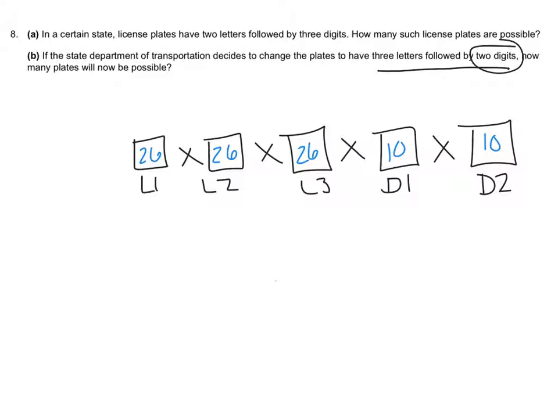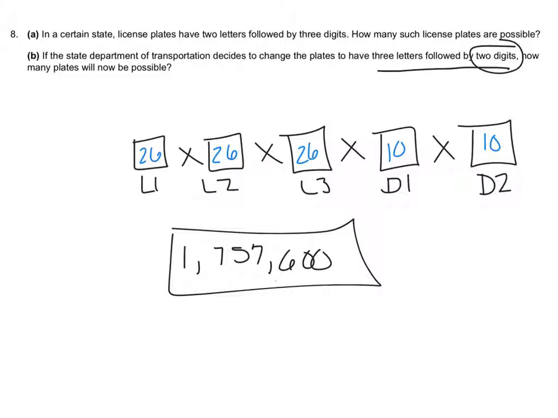To figure out the number of license plates that are now possible, we'll just multiply 26 times 26 times 26 times 10 times 10. When we do that calculation, we get 1,757,600 different ways. And that is our final answer to part B.